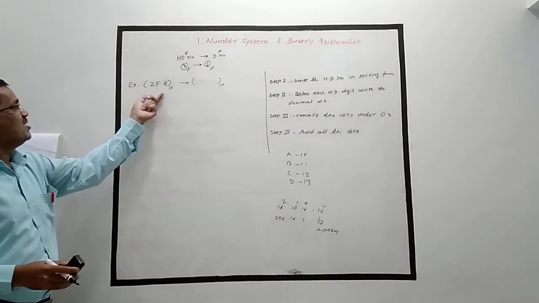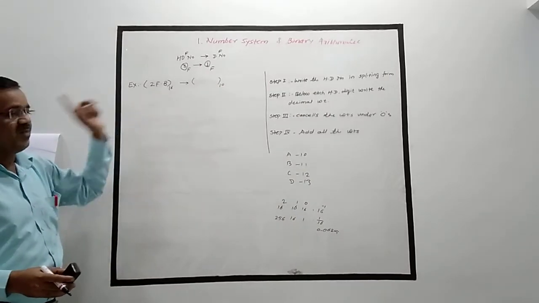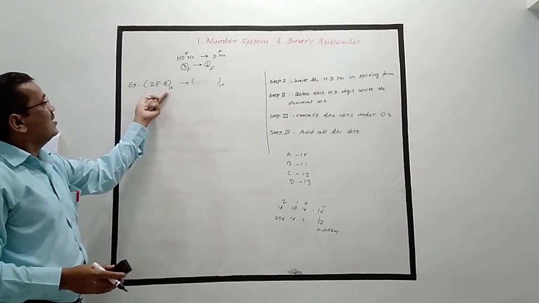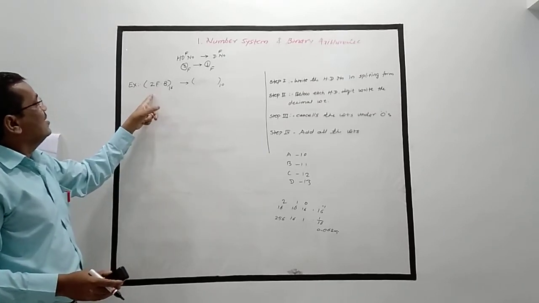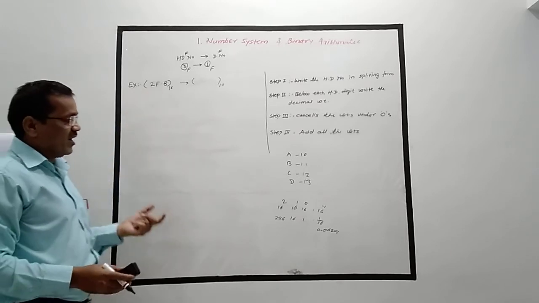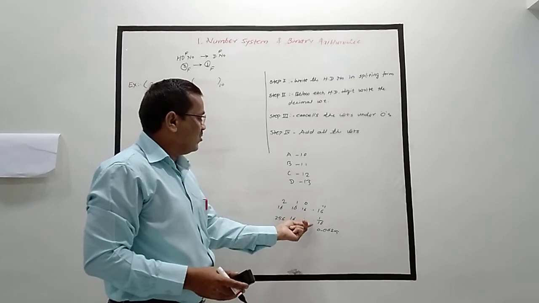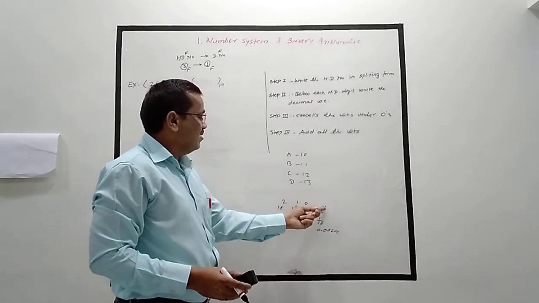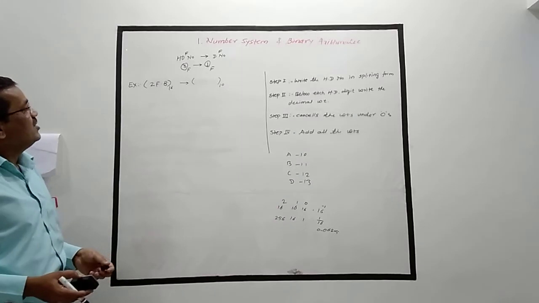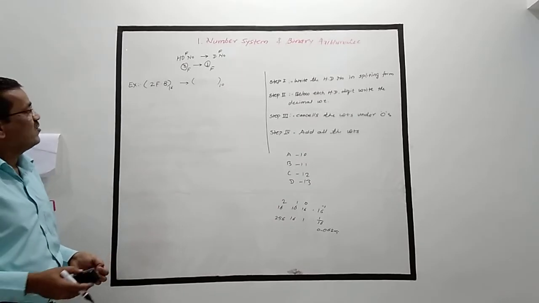Here this is the combination of integral and fractional part. So this is the combined number. That means here we have to apply integral conversion as well as fractional conversion. So for fractional conversion we have to write the fractional weight of the HD fraction to its decimal equivalent.